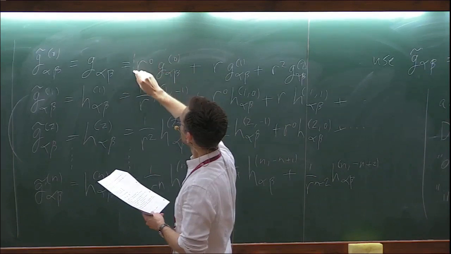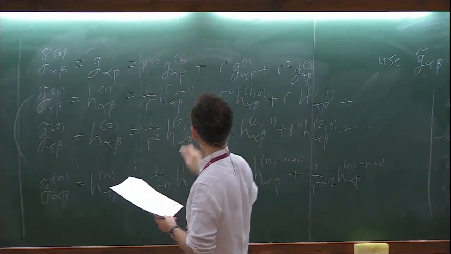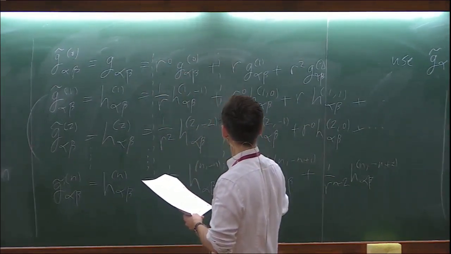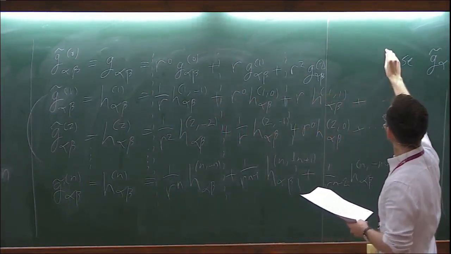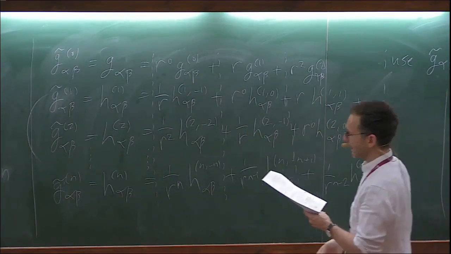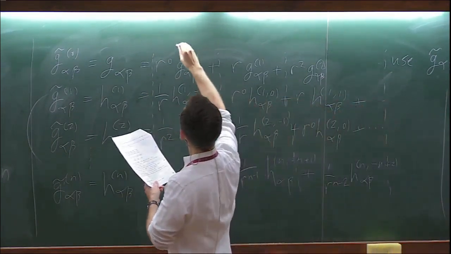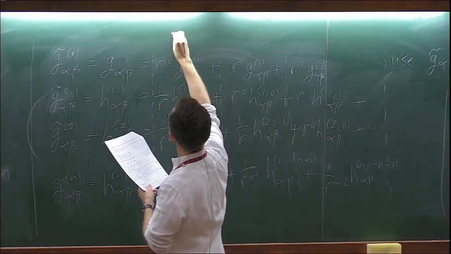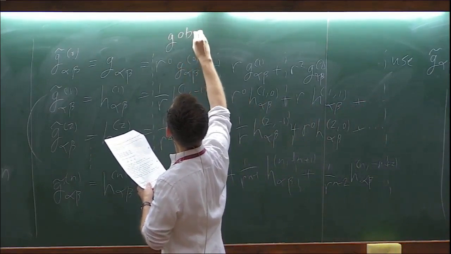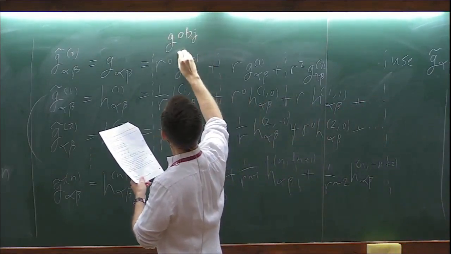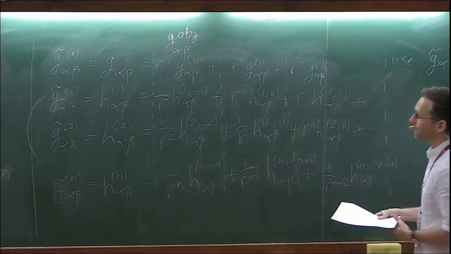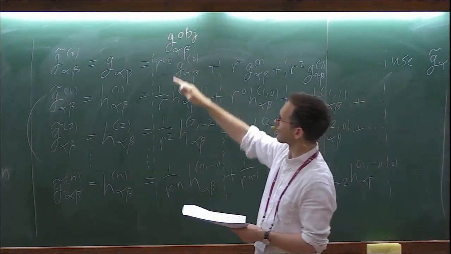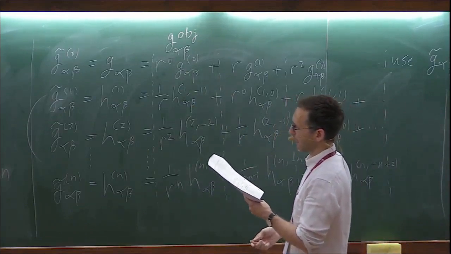What happens is that each column here corresponds to a term in the inner expansion. So the sum of all these terms here correspond to the small object's metric expanded for large r, or large r bar, sorry.